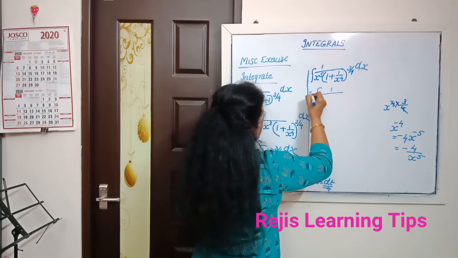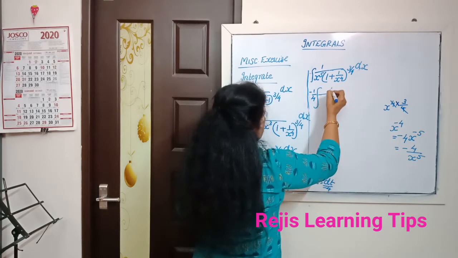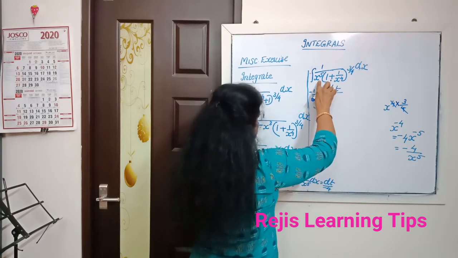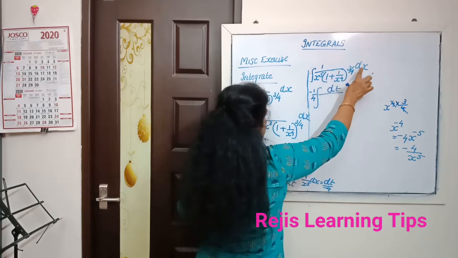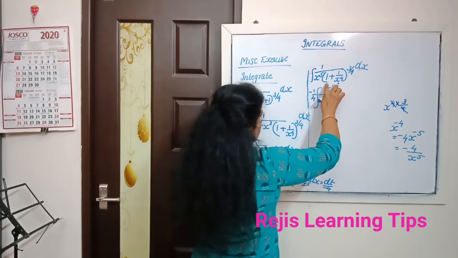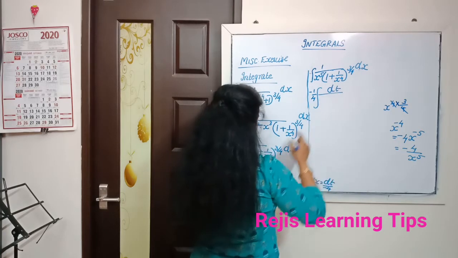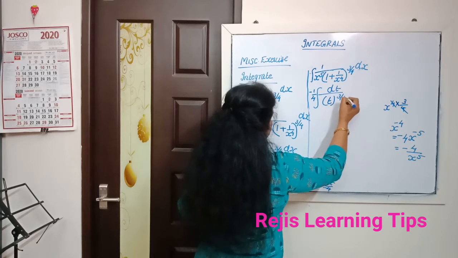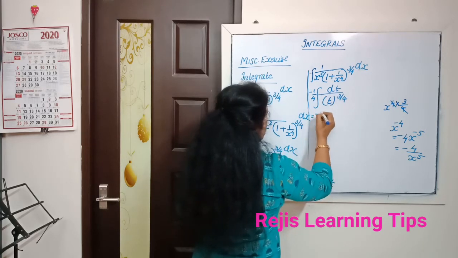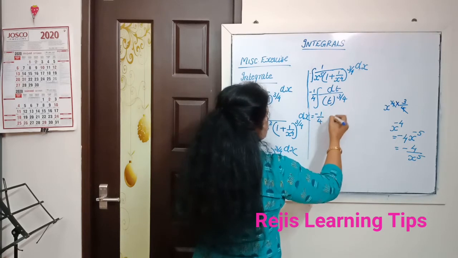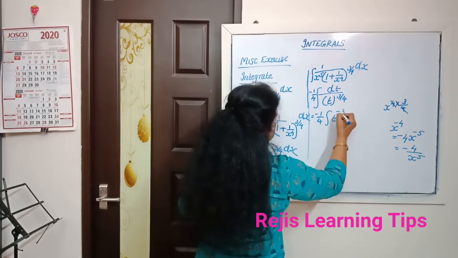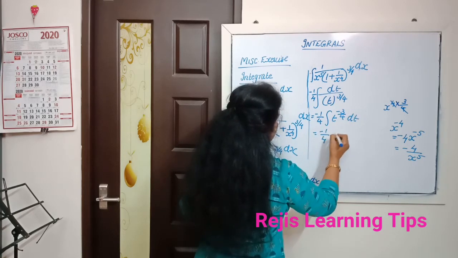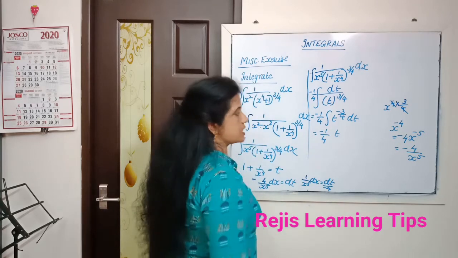So we can take minus 1 by 4 outside. Then dt, and 1 plus 1 by x raised to 4 means t raised to 3 by 4. That is equal to minus 1 by 4 into the integral of t raised to minus 3 by 4 dt, which is minus 1 by 4 into t raised to (minus 3 by 4 plus 1).